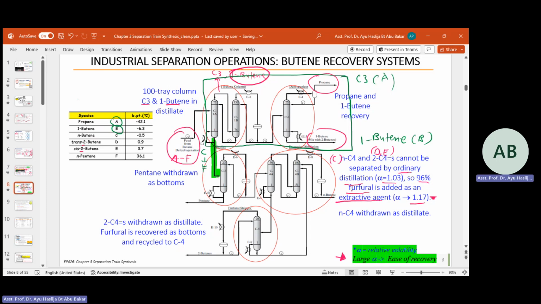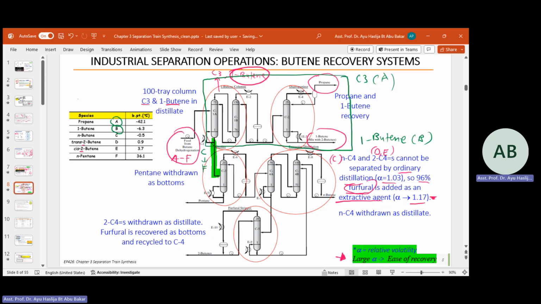Okay, now furfural is the agent. How to choose this agent? It depends on its own properties.